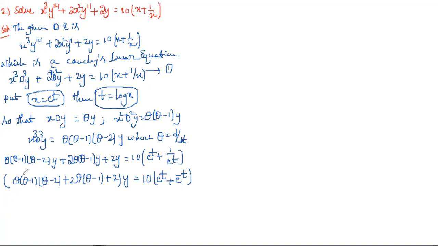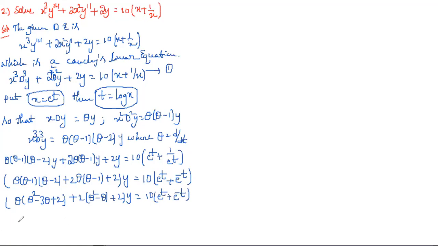We can simplify this one. If you multiply these two, we get theta square minus 3 theta plus 2, and theta into that, plus 2 into theta square minus theta, plus 2, into y is equal to 10 into e power t plus e power minus t.